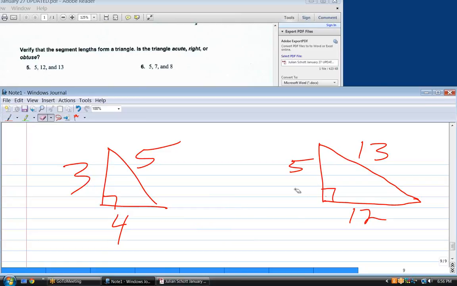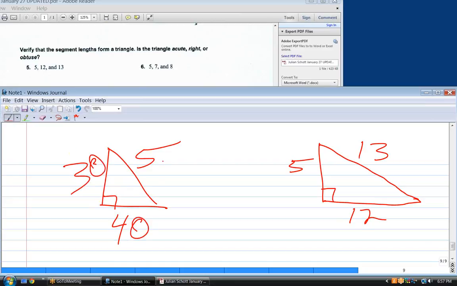And the advantage of memorizing both of these is that when you take that ACT test, you'll have at least 6 questions that will reference either a 3, 4, 5 triangle or a 5, 12, 13 triangle. So the ability to recognize it is key. Now, when I say 3, 4, 5, I mean multiples of 3, 4, 5 also.